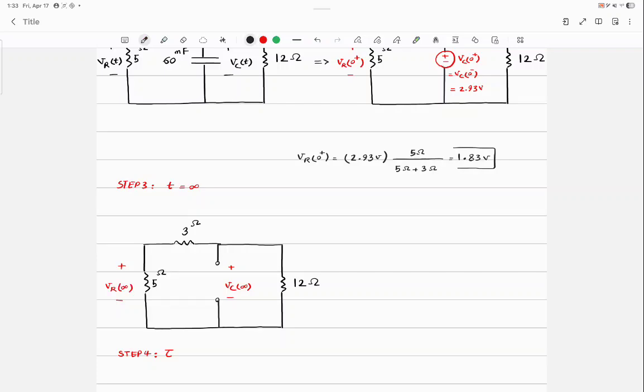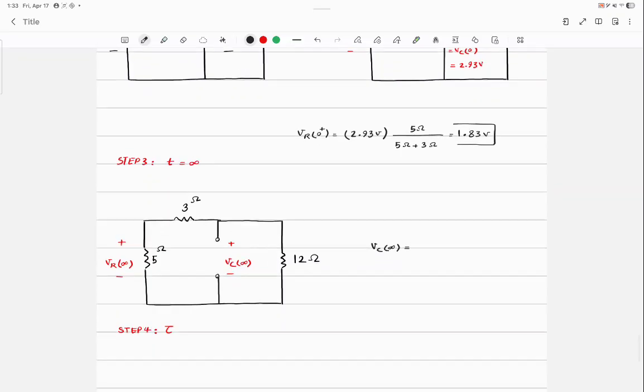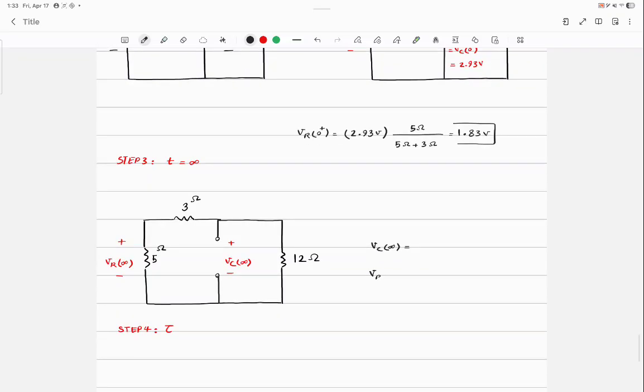Now, what are the values? What is VC infinity in this circuit? Why? There isn't anything in the circuit. Do you see anything? A bunch of resistors connected together on a table. Nothing.